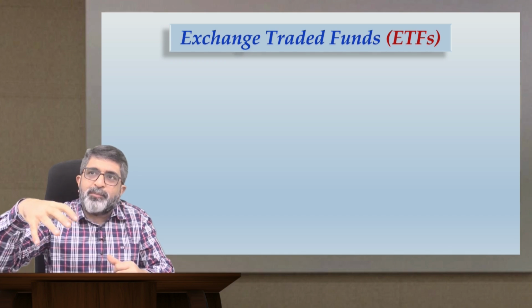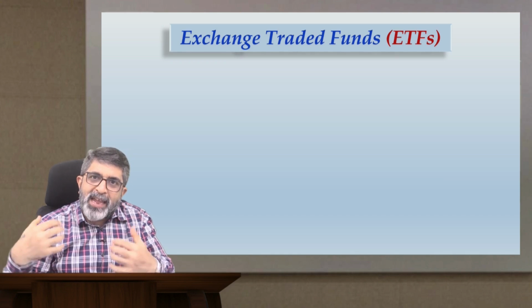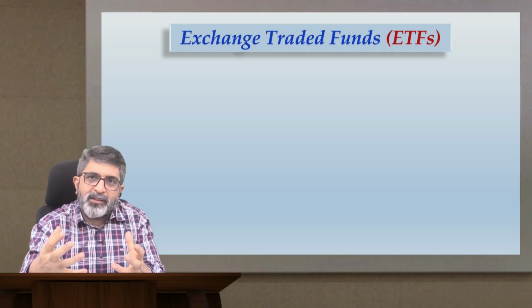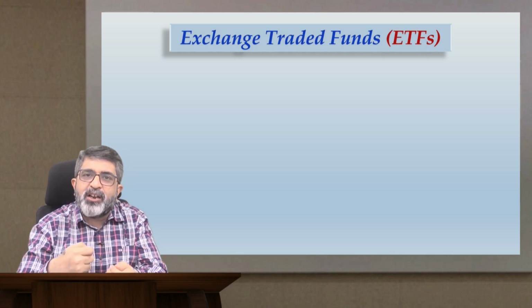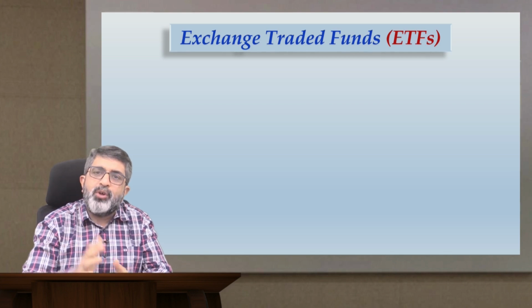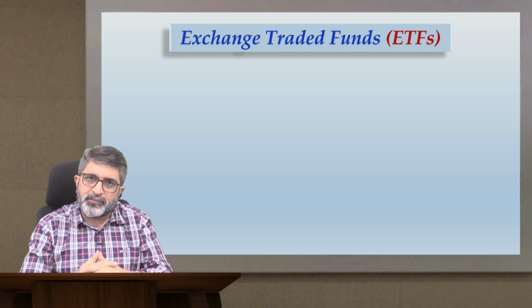So market makers behave like a wholesale dealer over there. They will be buying and selling in big chunks these ETF shares or ETF units from the authorized participants and then sell them on an individual basis to the investors, that is the common public.